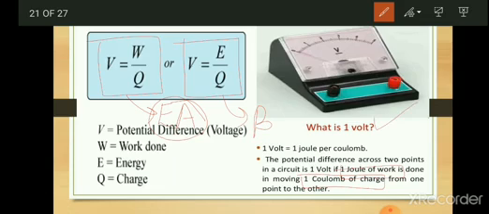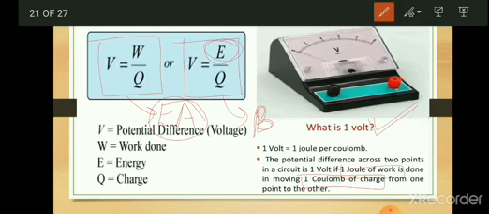Or with respect to battery, when 1 coulomb of charge travels from one place to another place, that utilizes 1 joule of energy, then it is also called voltage.